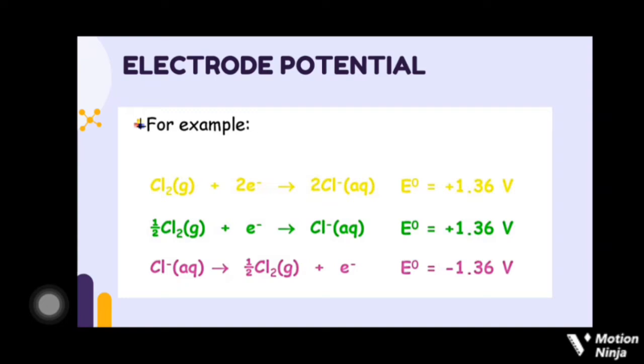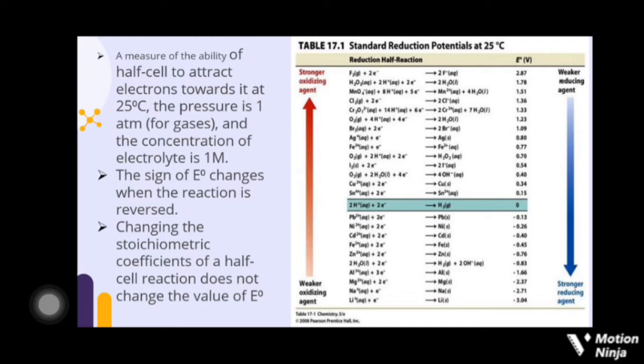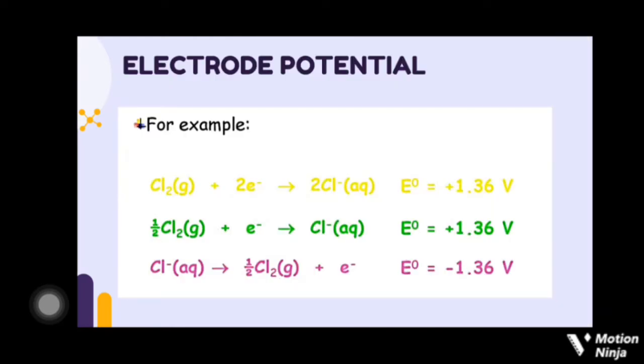Next, look at the first two reactions. They are the same and the E naught was the same, nothing changed, but the coefficients were different. The first one doesn't have 1/2 but the second one does, along with the number of electrons involved. But as was said, changing the stoichiometric coefficient of a half cell reaction does not change the value of E naught.